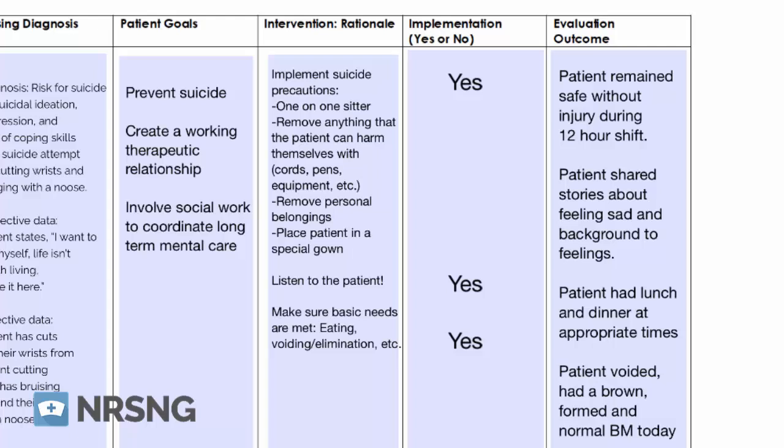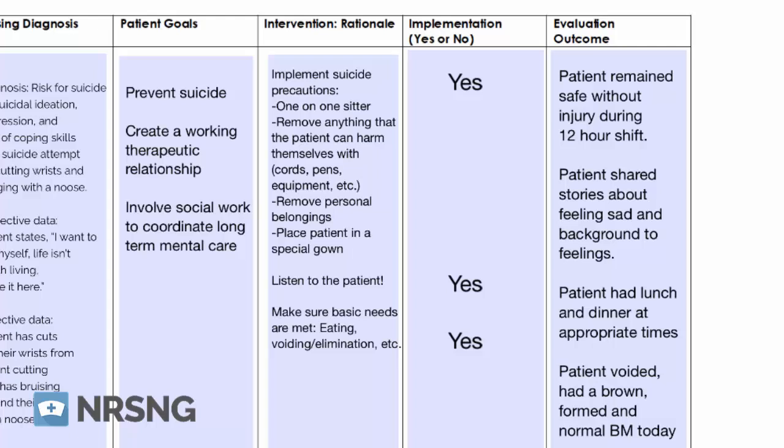The patient had lunch and dinner at appropriate times. So again, I want to step back here and talk about "patient remained safe without injury during 12-hour shift." I stated what the outcome was, and I gave it a time frame so that we were able to measure it. That's super important, that you give a time frame. So he remained safe, there wasn't any injury, and it happened in a 12-hour shift.